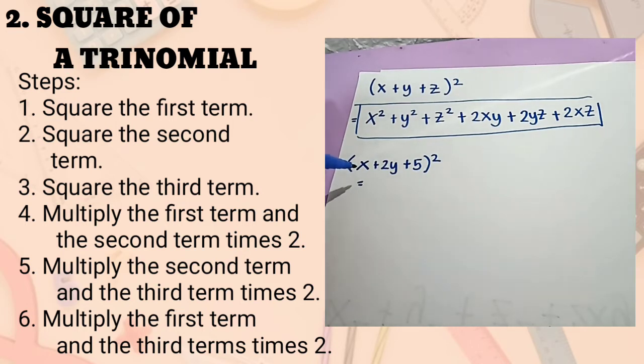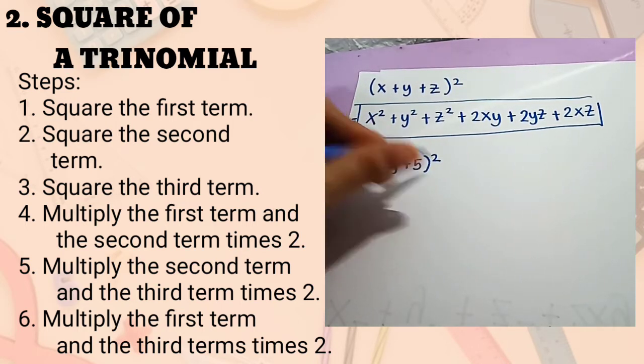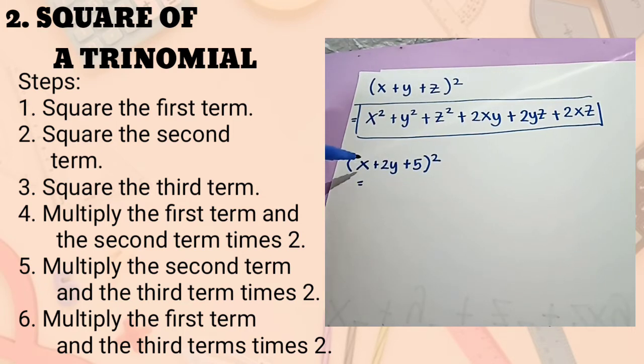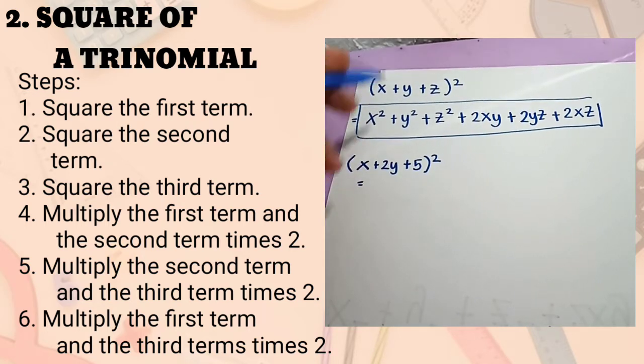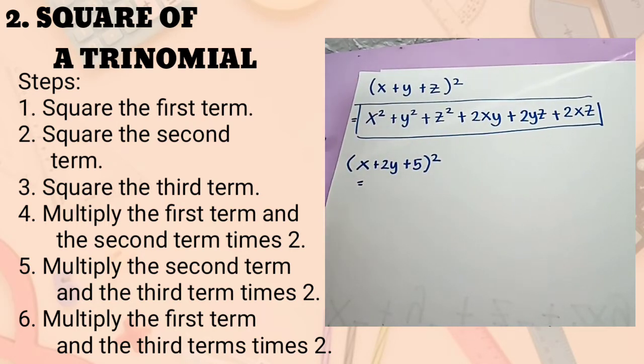Try for another example. The given is the quantity of x plus 2y plus 5 squared. Ngayon, meron tayong dalawang variable, yun yung x at y. Kanina, tatlo yung ating variable. Ganun pa rin naman yung magiging step ng ating square of trinomial. Una, square natin yung first term.